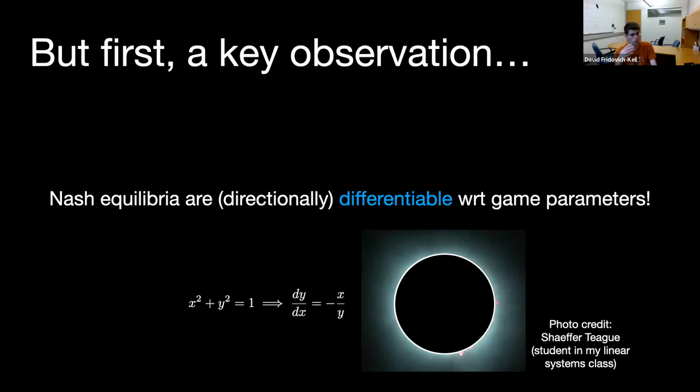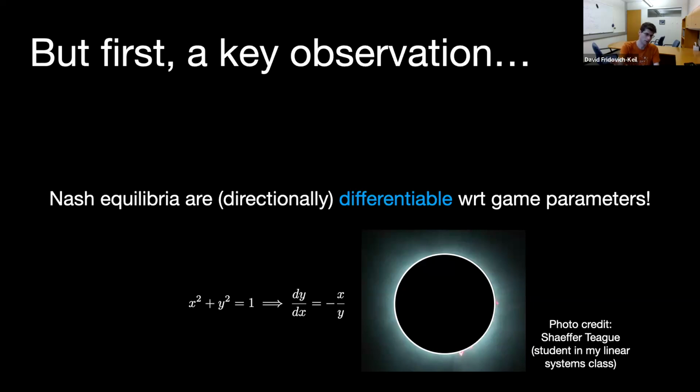The basic way I'll show you how this works on this slide and the next one goes back to something I remember seeing in high school calculus. I have the equation of a circle and I ask you, what's the slope dy/dx? Well, you can implicitly differentiate the equation x squared plus y squared equals 1 with respect to x.